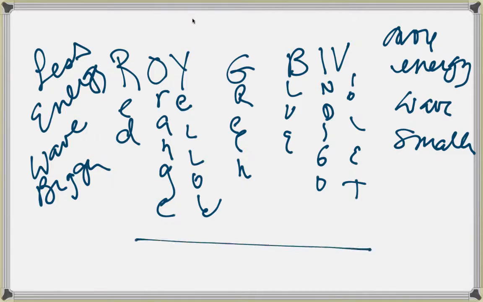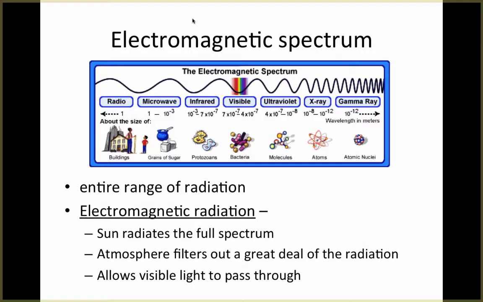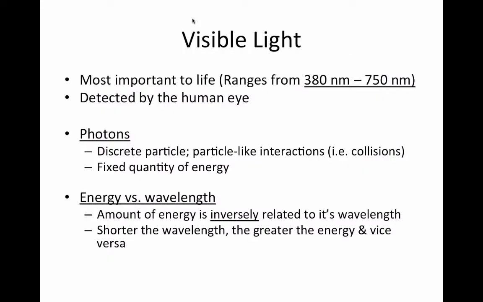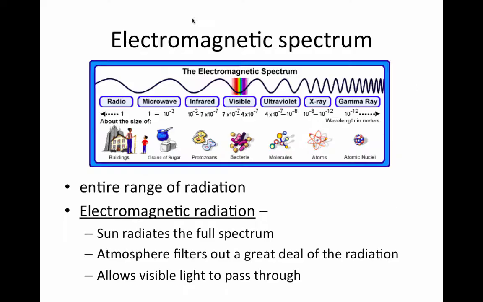Okay, so that's the only electromagnetic radiation we can see. The range that we can see, if you notice, is between 380 nanometers to 750 nanometers.